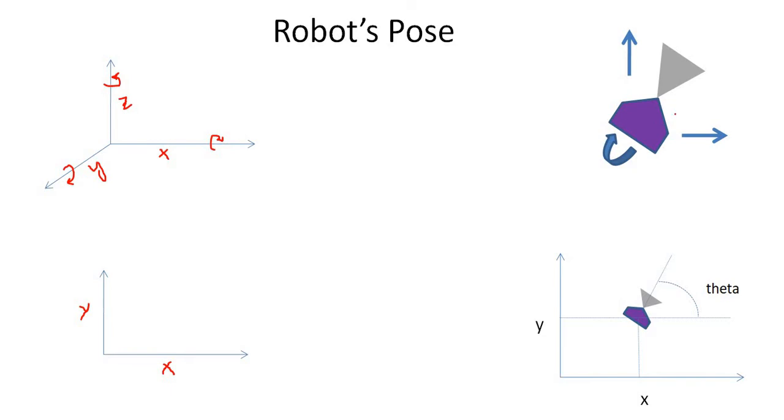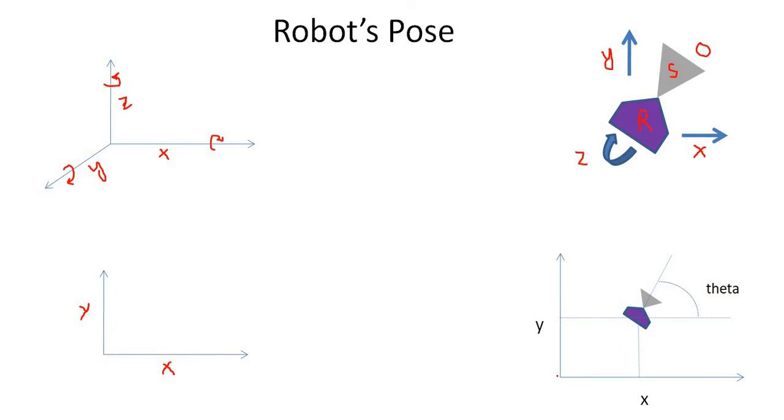So here this is our robot, and this is some kind of sensor range in which it can detect obstacles. This is our sensor here, and it can detect some kind of obstacle in the environment. This robot can move along the x-axis, it can move along the y-axis, and it can only rotate along the z-axis. So it has 3 degrees of freedom. So what is the pose of the robot?